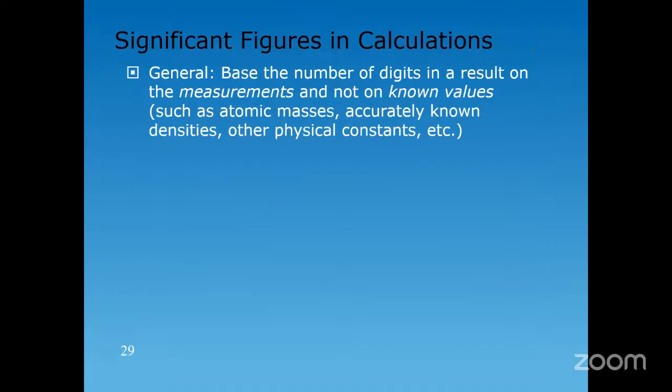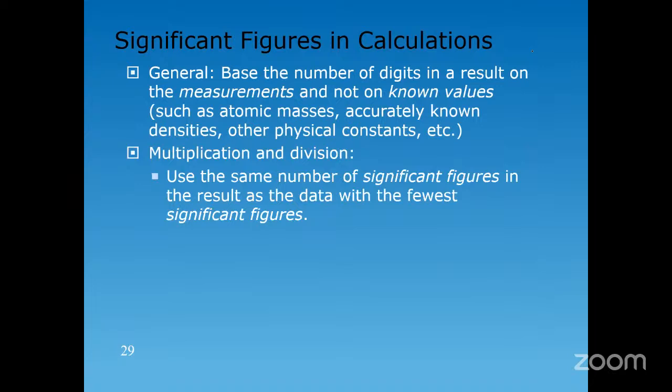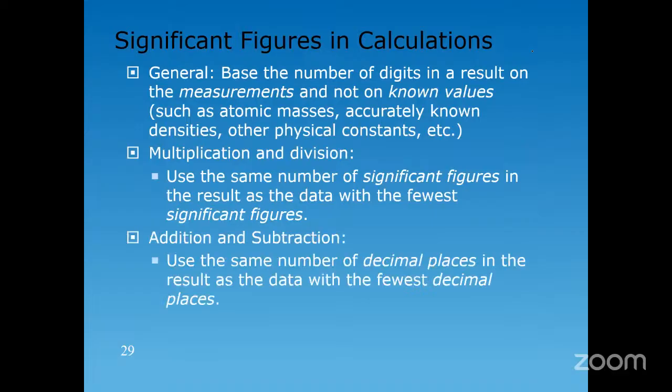So, when it comes to calculations, there are different rules for rounding off your final answer depending on the type of mathematical operation, all right? Now, if the mathematical operation is multiplication or division, then basically what you do is write down or record your answer, or I should say, round off your answer to the lowest number of significant digits of the numbers involved in the calculation, all right?